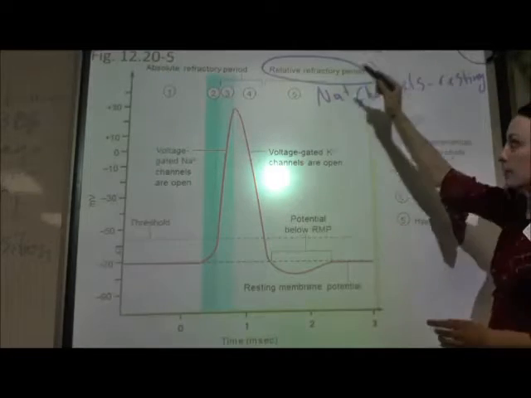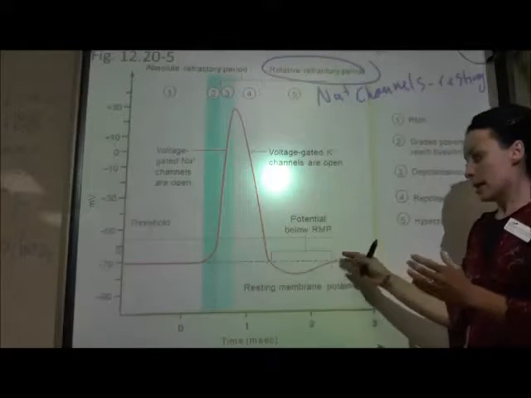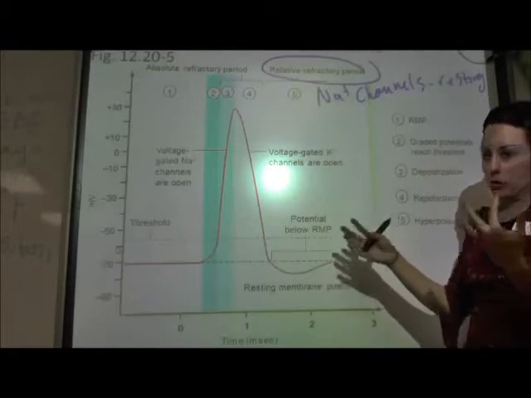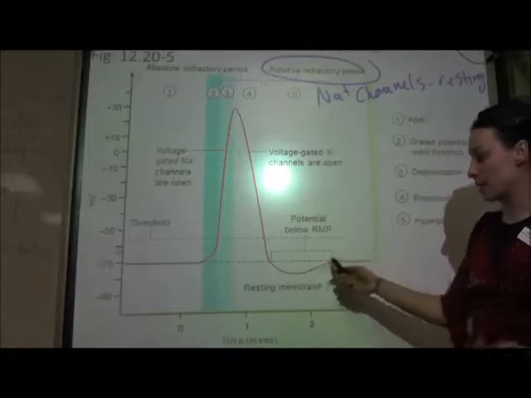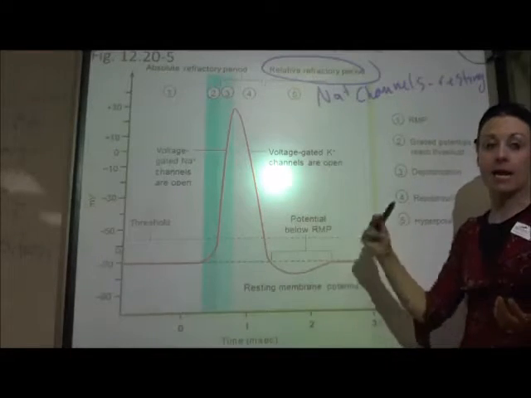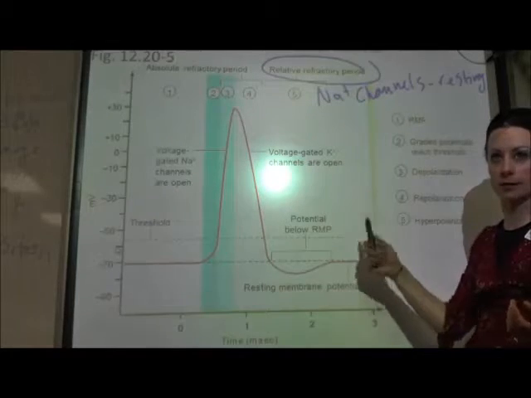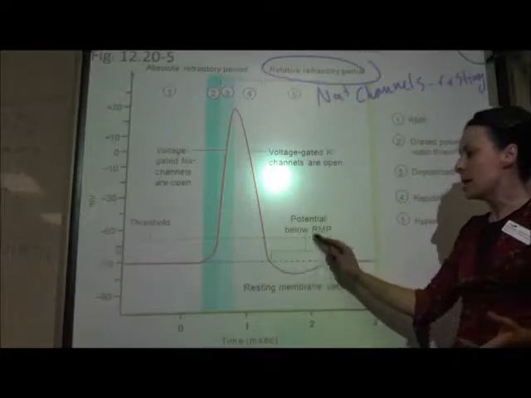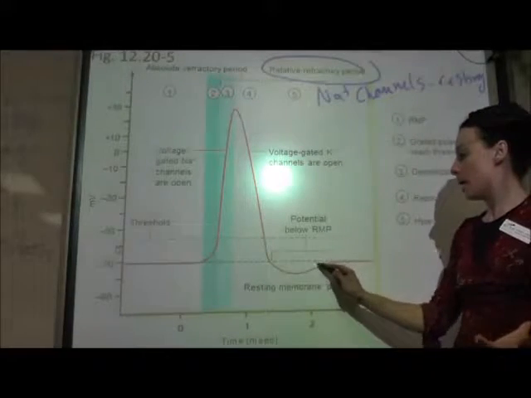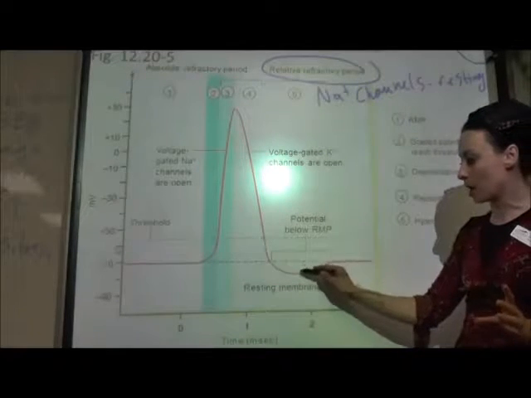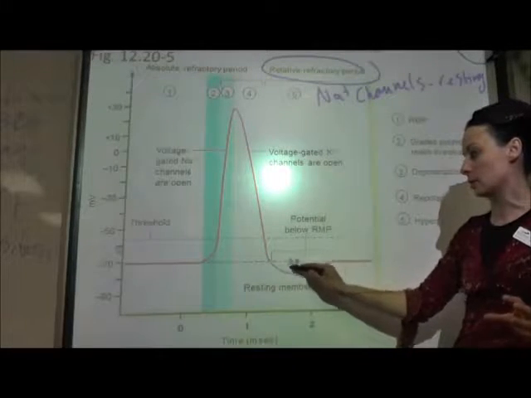And this is a relative refractory period because in theory, you shouldn't be able to just open those guys up again. We're not even at rest, but you can. If you hit them really hard with a bunch of excitatory postsynaptic potentials, then you can open them again. But now it's going to take you a little longer because you've got this extra 10 millivolts to overcome.